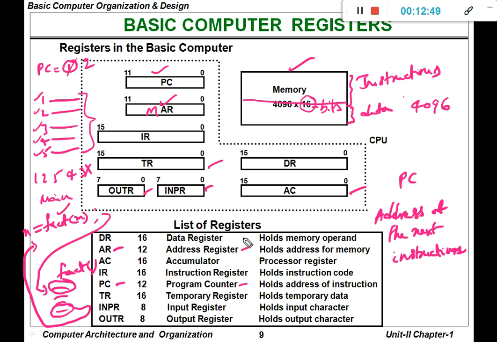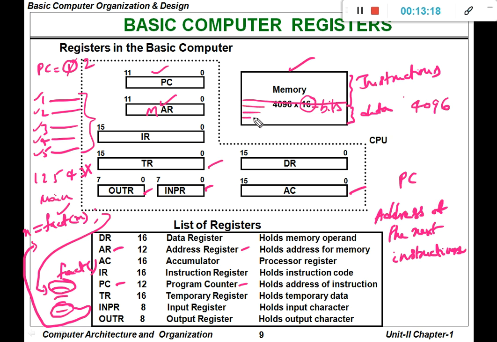So what is the purpose of this MAR? We require data to perform either arithmetic operations or logical operations. Yes or no? To perform arithmetic or logical operations, what do we need? We require data. The data will be in main memory.